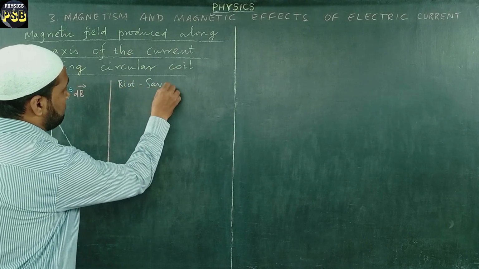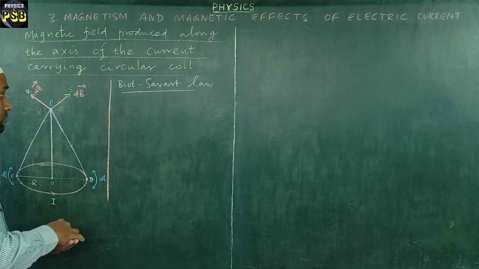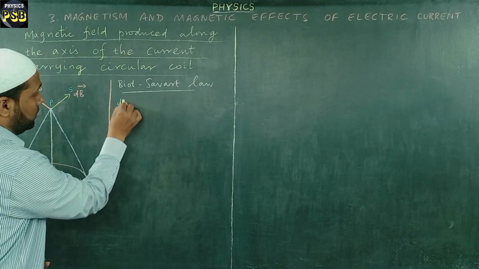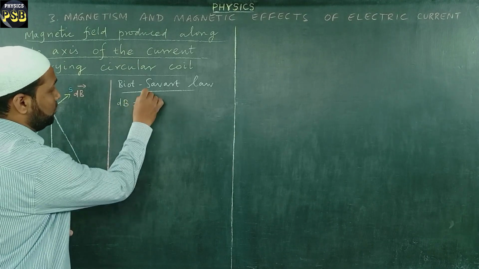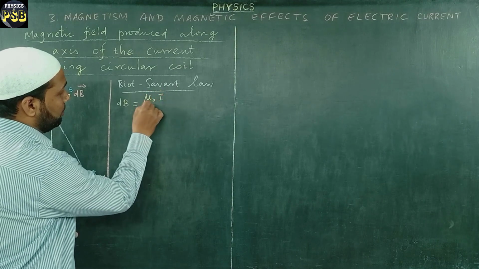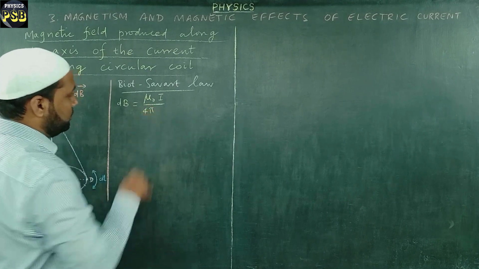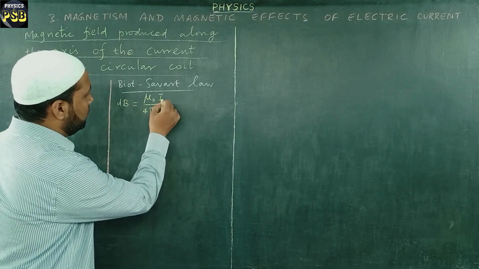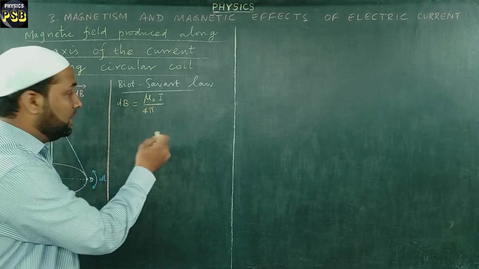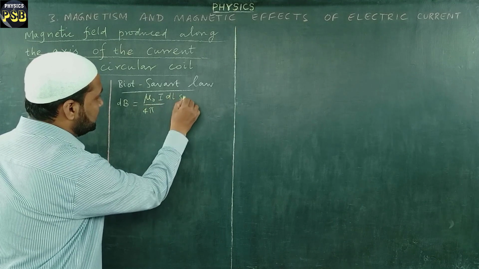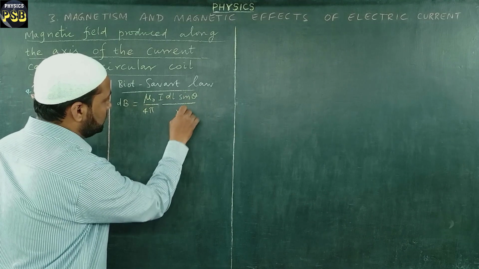Biot-Savart law says that, I'll write the magnitude alone. dB equals mu naught upon 4 pi, IDL sin theta divided by R square.